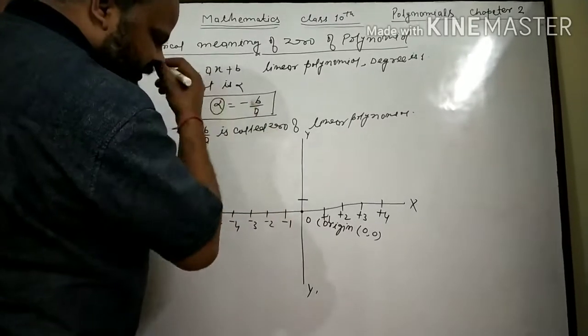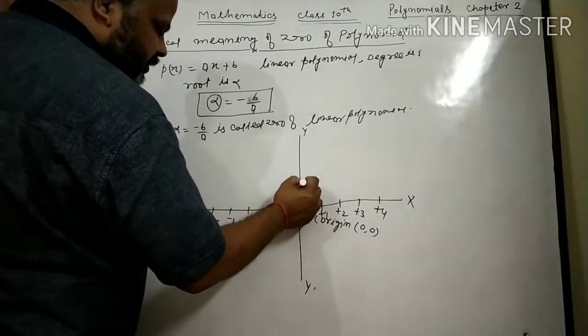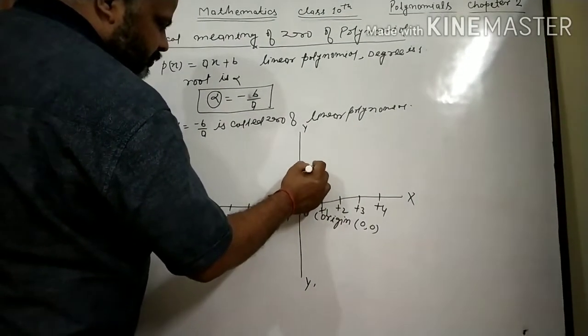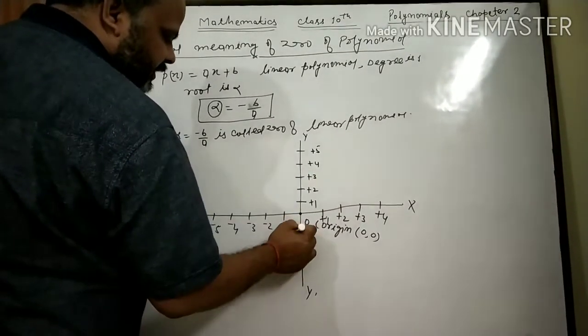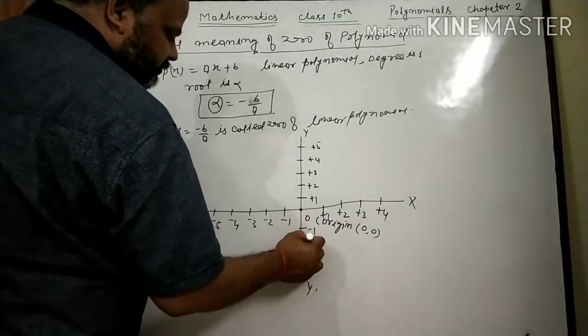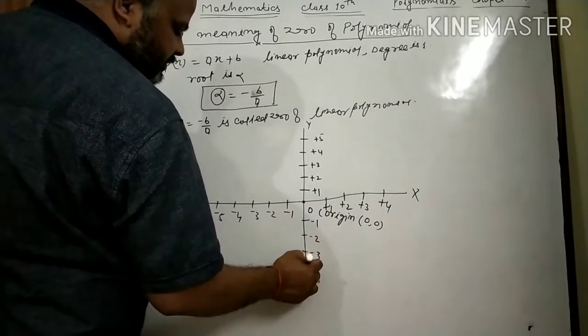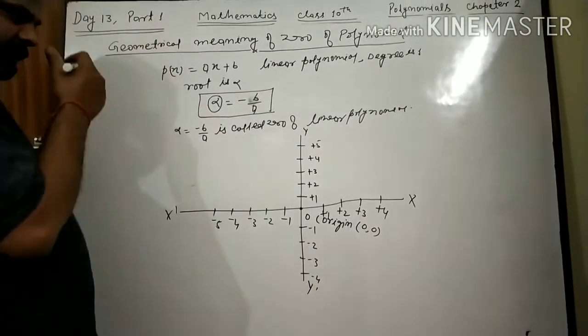On the upper side of the y-axis, every value is positive, plus 1, plus 2, plus 3, plus 4, plus 5. And on the downside of the y-axis, minus 1, minus 2, minus 3, minus 4. Clear?